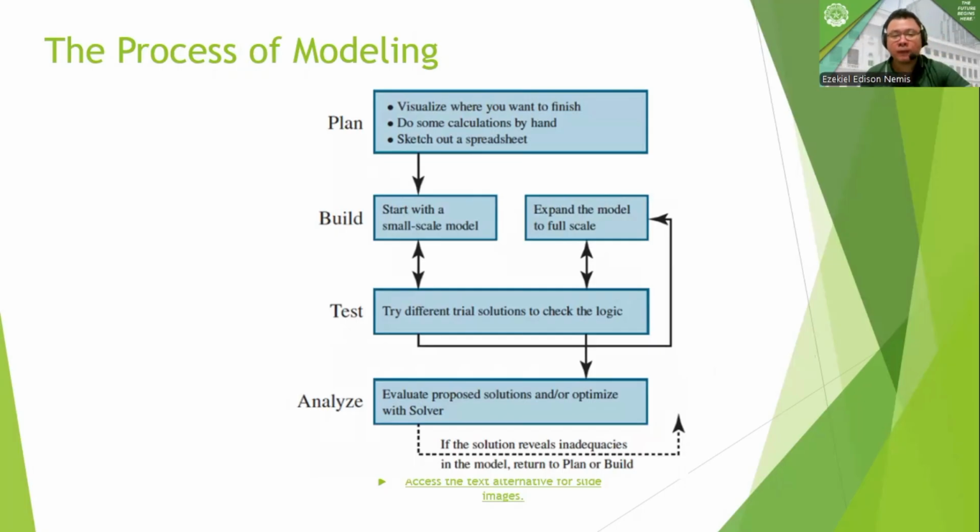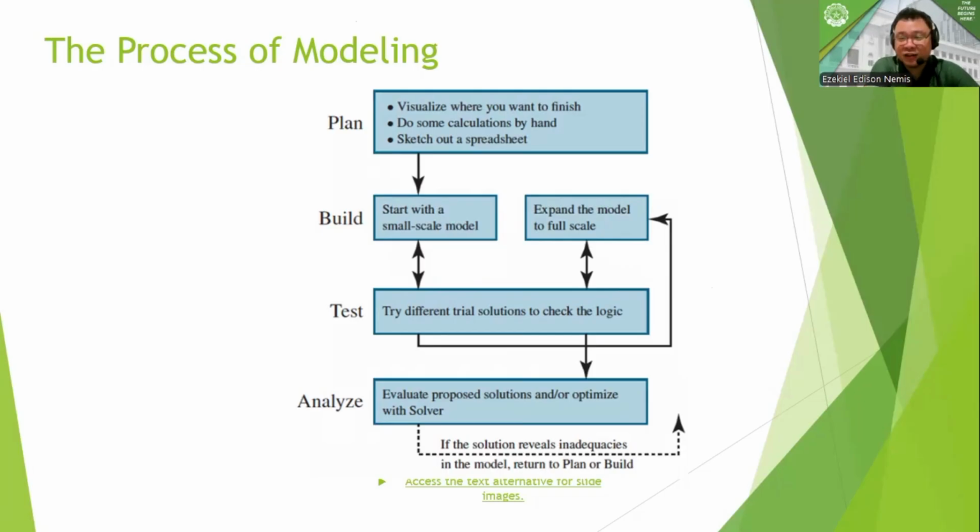Number two, you have to build up. You have to start with a small scale, so you have to get the short loans and long-term loans. Once we are able to start with the small-scale model, we can always expand it to a full-scale model. Next, we test the Excel file that we just created, same thing with expanding the model.